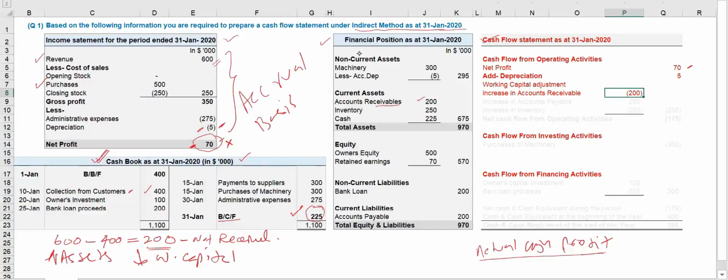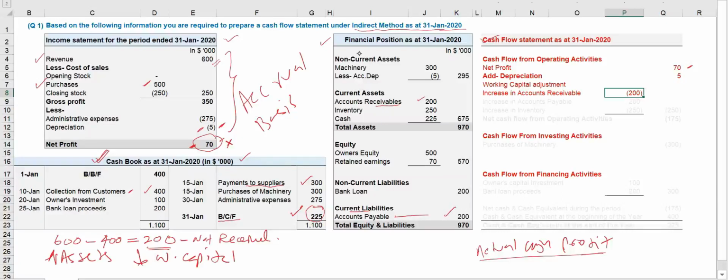So do a similar test to identify whether this is an actual cash purchase or not. If you analyze this, you will understand that this is not the actual cash outflow, because in the cash book there is a payment made to the supplier which is 300,000 US dollars, and under current liabilities in the financial position there is an accounts payable balance of 200,000.